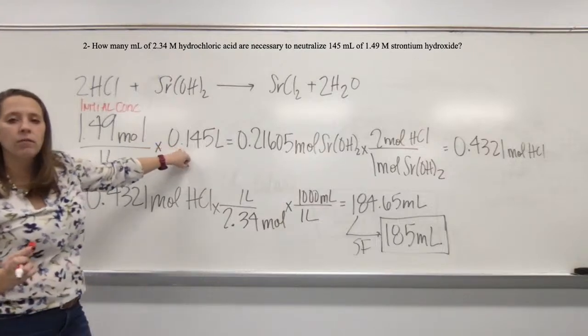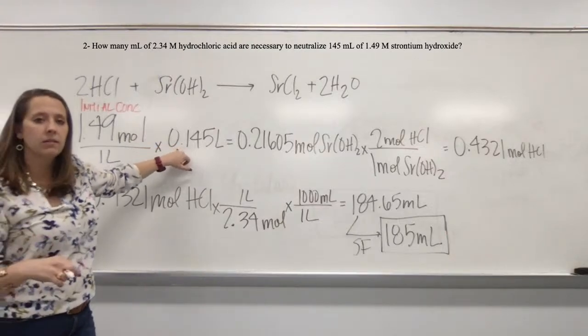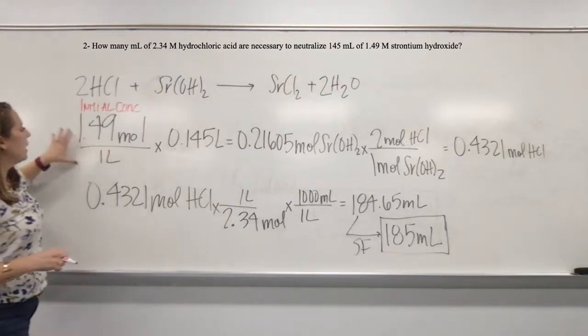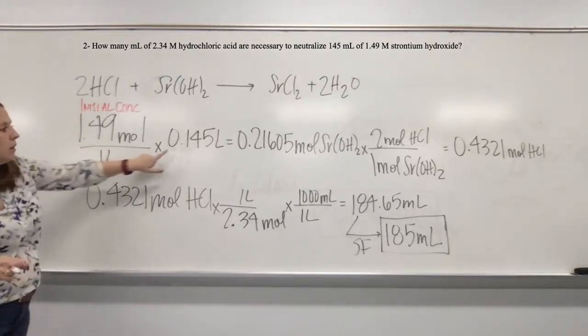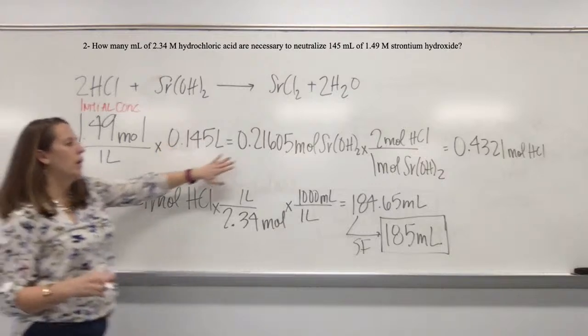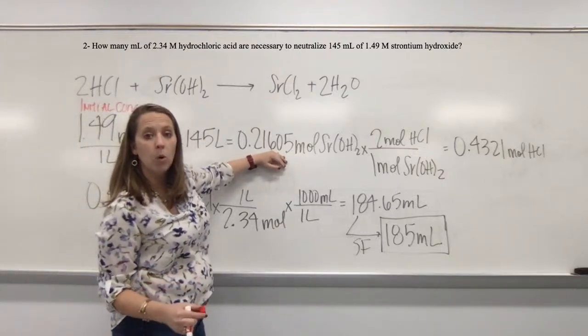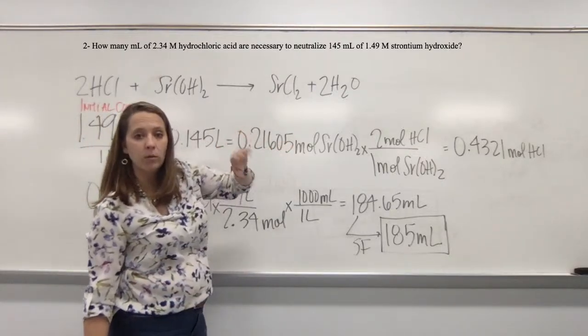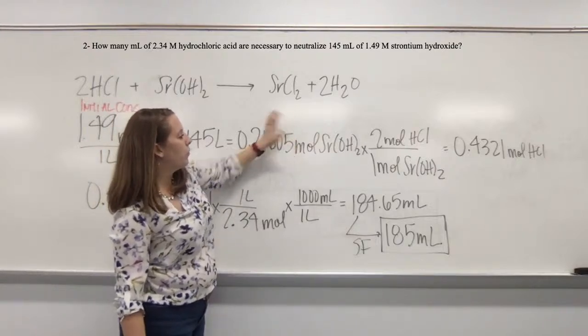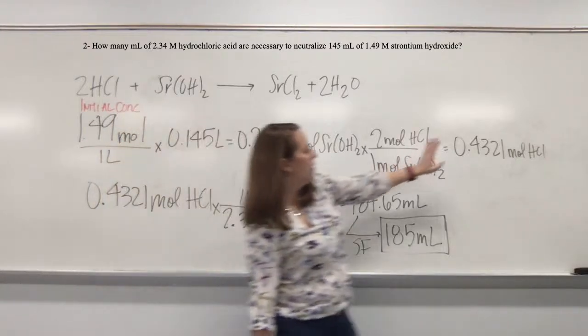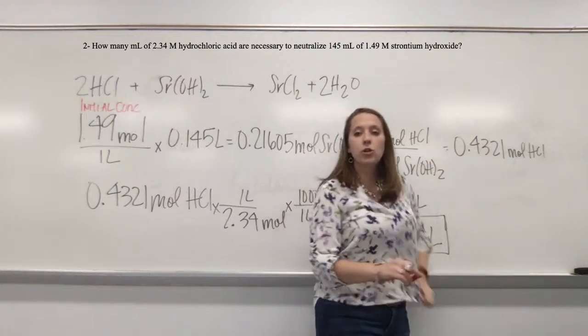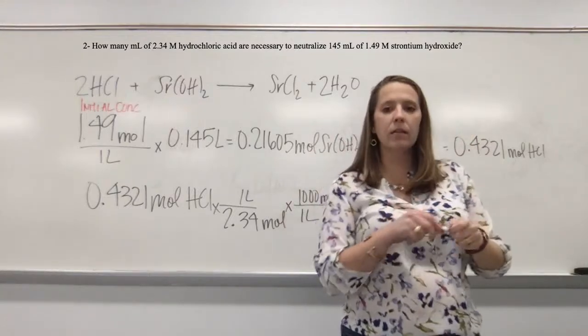So I took 145 milliliters and converted that to liters. So we took our moles per liter times liters, and that gives us the moles that are found in that volume.